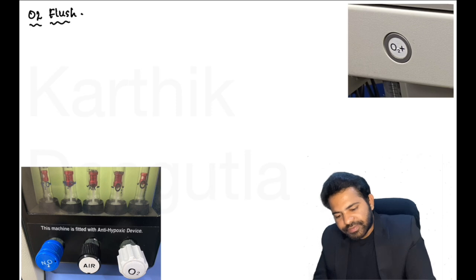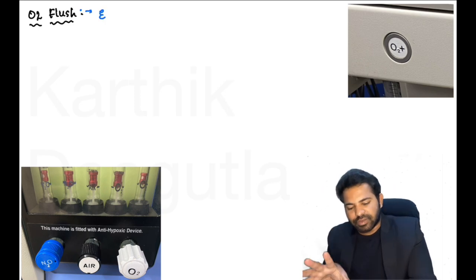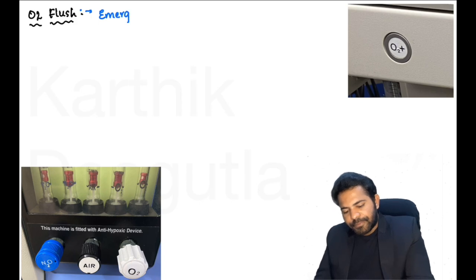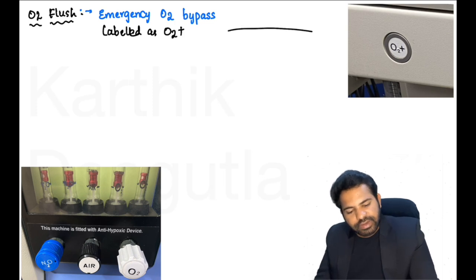Oxygen flush. Oxygen flush is also a safety mechanism. It acts as an emergency oxygen source, an emergency oxygen bypass. It is labeled as O2 plus. You can see in this picture, that is the oxygen flush button.